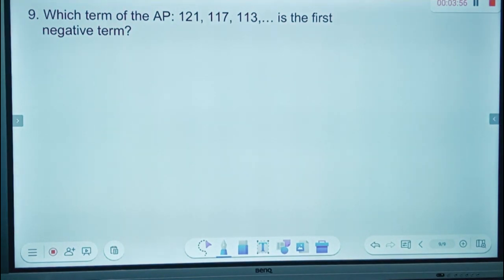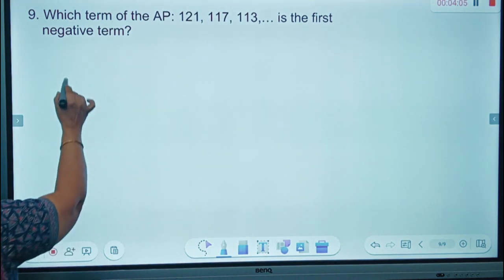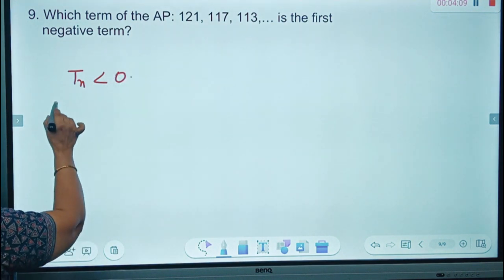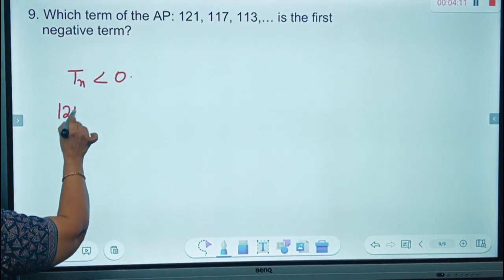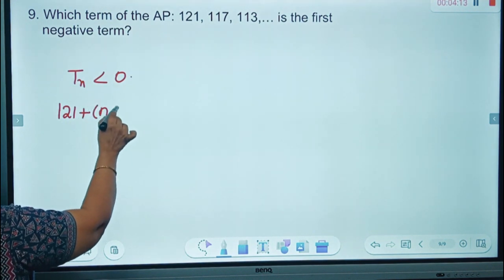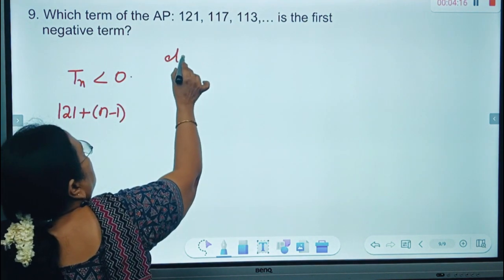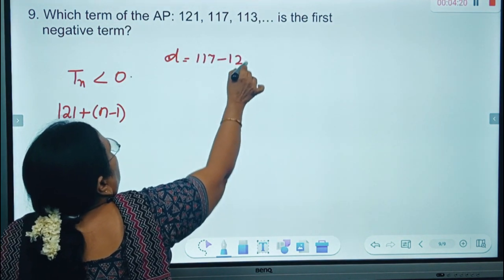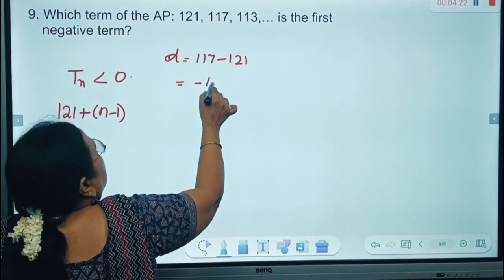Which term of the AP 121, 117, 113 is the first negative term? Negative term means it should be less than 0, right? So Tn must be less than 0. Tn is what? 121 plus (n minus 1) into d. What is d? 117 minus 121, which is minus 4.